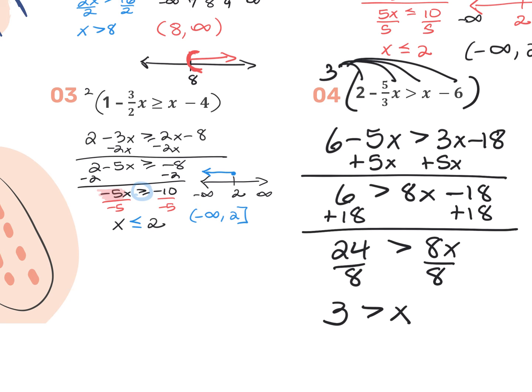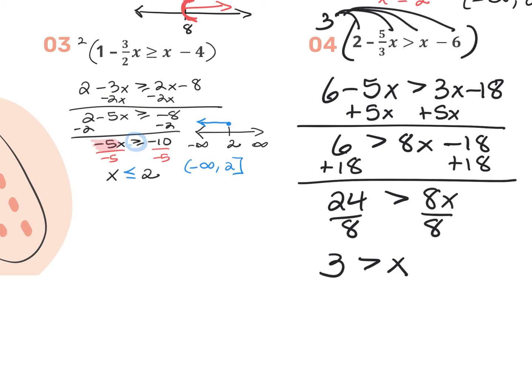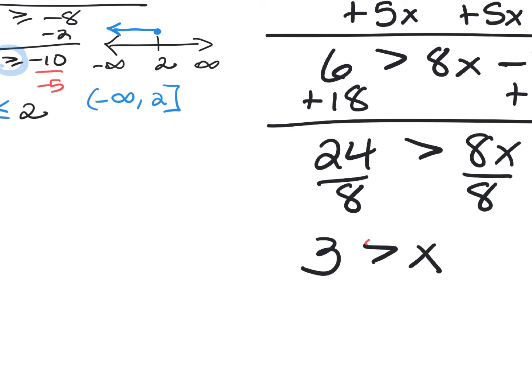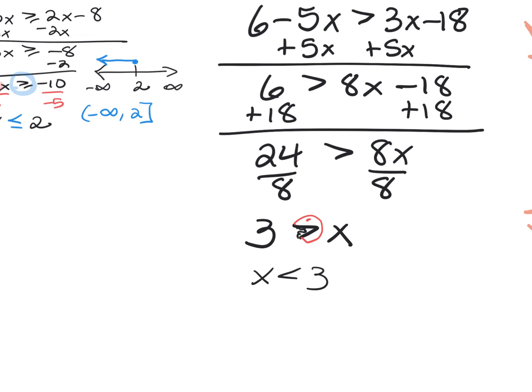Now again, if you like to look at your letter on the left, remember, you can turn this into like a Pac-Man eating the 3, so when you turn this around, the x is here, and he still needs to keep eating the 3 that he was trying to chomp on. So then this would be the inequality notation here.